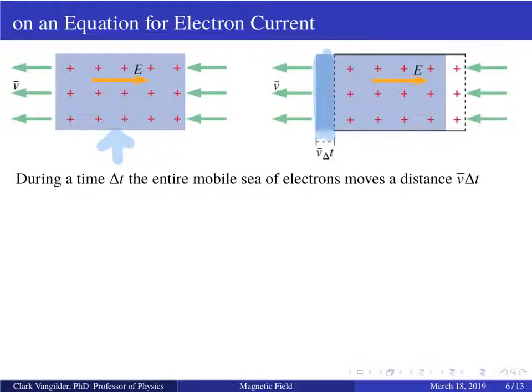move a distance, because this right here is just the first zeroth law, v delta t. It moves some distance. Oh, I just noticed I have my deltas in a subscript location instead of where it ought to be. I'll fix that slide. v delta t. It's moved some distance in that time.